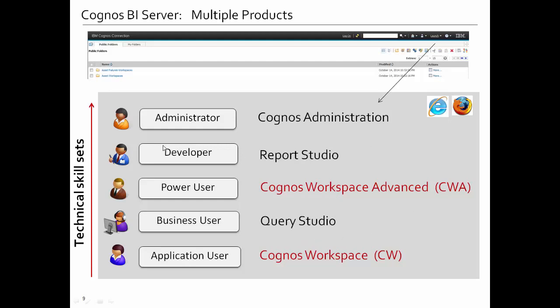And these are the tools as shown here in terms of technical skill set. What we're going to focus on are the newest suite of Cognos tools, Cognos Workspace Advanced and Cognos Workspace. And in the next series, I'm going to show you how you open up Cognos Workspace Advanced and start creating those reports. So thank you very much for your time.